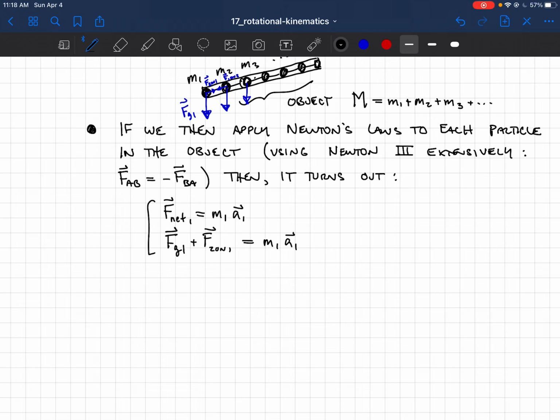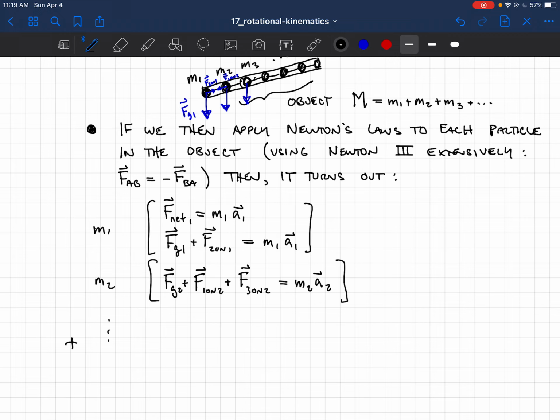So that's our first object. The next object would be F net 2 is equal to M2A2, and so that would be Fg2 plus F1 on 2, and then I guess it would also have an F3 on 2, so the force of mass 3 on mass 2 as well, and then that will be equal to M2A2. So this is for M1, and this is for M2, and then of course it just keeps going.